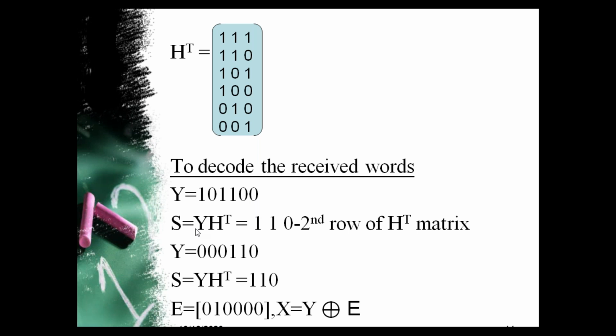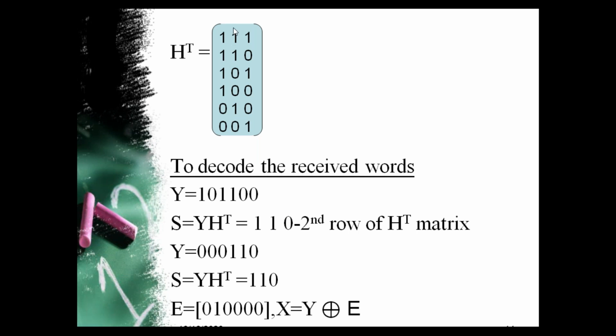We will have to find the product y into H transpose. If we find the product y into H transpose, you will get 110. Take this given received word y, then find the product y into H transpose. You will get 110.